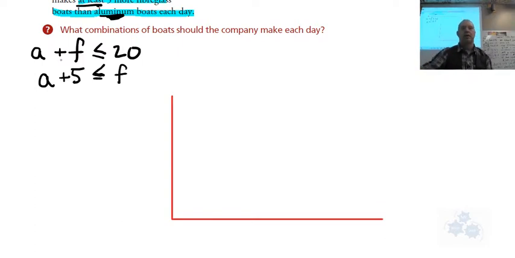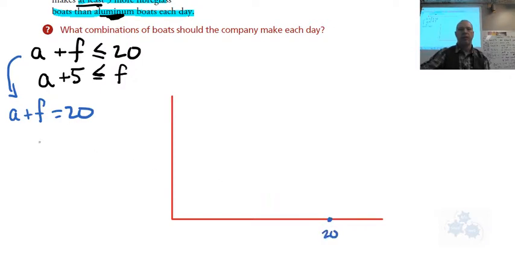All right. So A plus F equals 20. Let's find out where the boundary is for number 1. The points that we're going to have are 20 and 0. That's going to be 1 point. We're also going to have 0 and 20. Those are the two intercepts. We're going to have 10 and 10, 15 and 5, and so on.